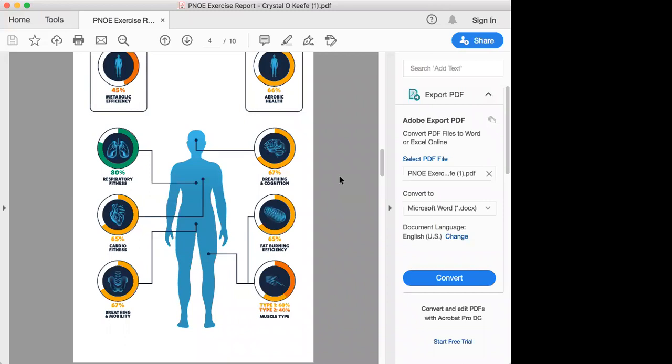Now, lots of studies have shown that this efficiency ratio is highly correlated with the types of muscles that we have in the body. Our body has two types of muscle fibers. One is the type 1, which is the slow twitch. This is what we use when we do cardio and endurance types of movements. And then we have type 2, which is fast twitch, which is what we use when we do explosive movements.